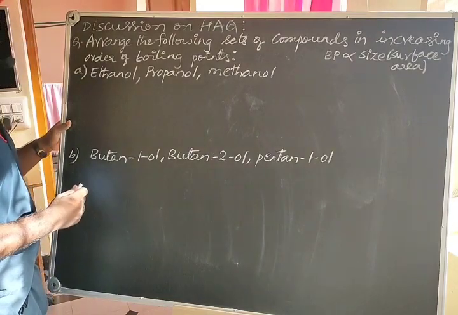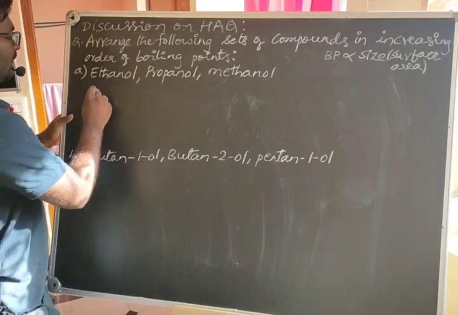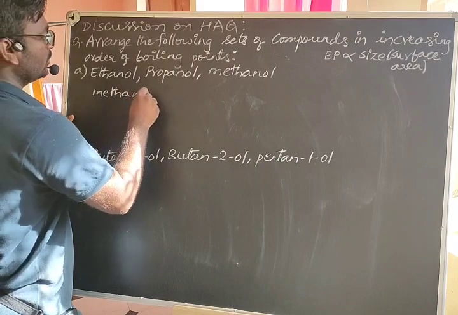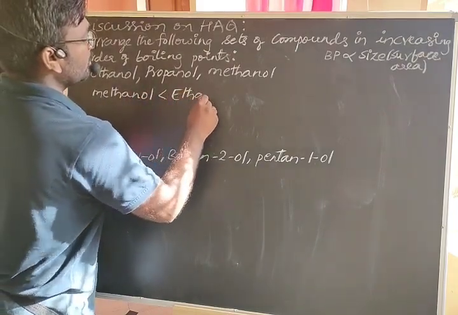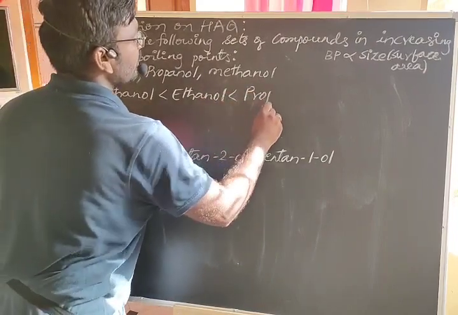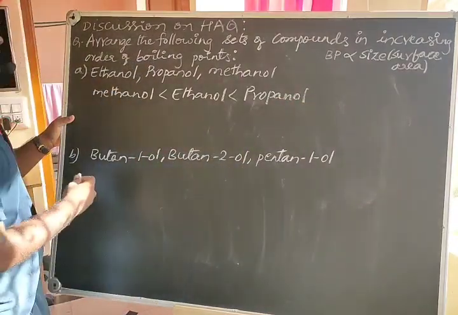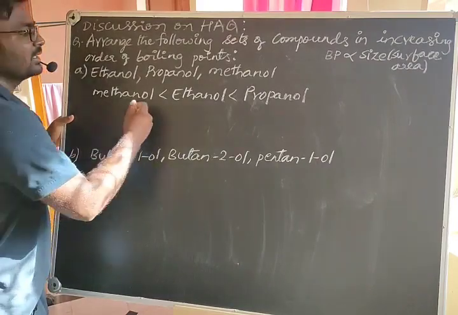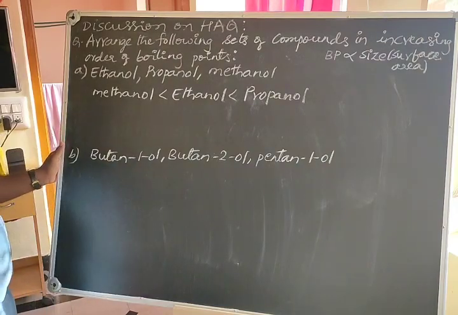In this case, the order of BP varies like this: from methanol to ethanol to propanol, because here you can see the increase in the size of the alcohols, so thereby boiling point of alcohols increases in this order. Okay, yes, come to the next question.